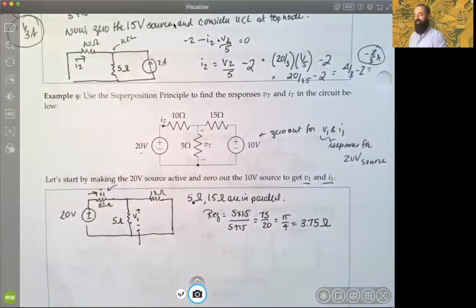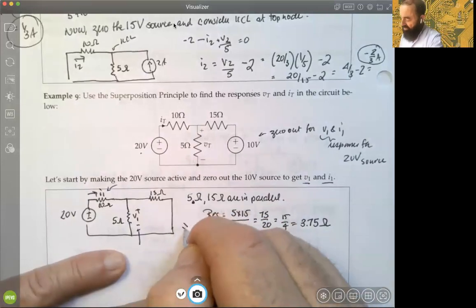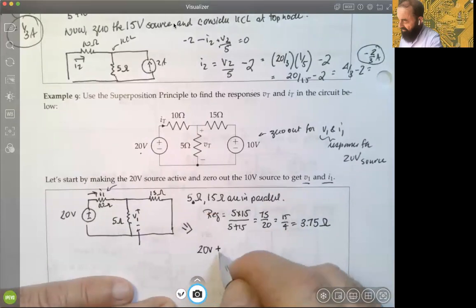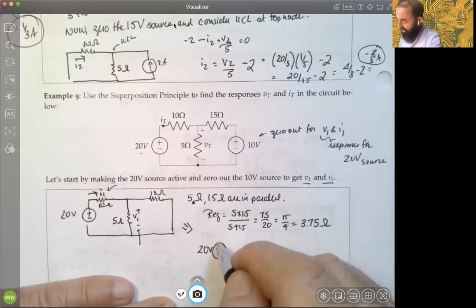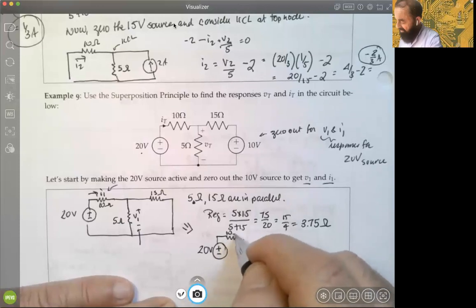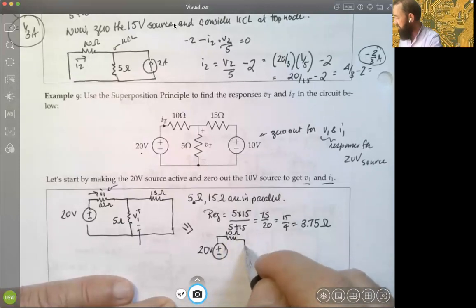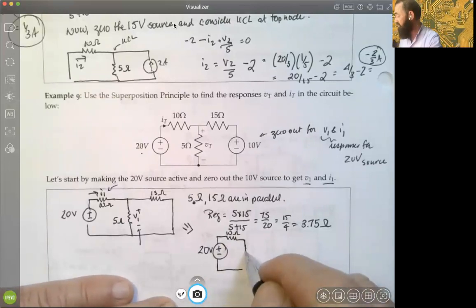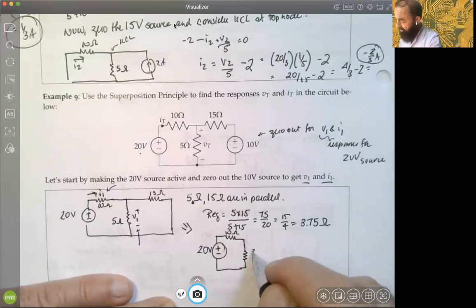Awesome, okay? So then with the one equivalent, we have this reduced to a 20 volt source, and we have the 10 ohm resistance, and now we have an equivalent, which is 3.75 ohms.